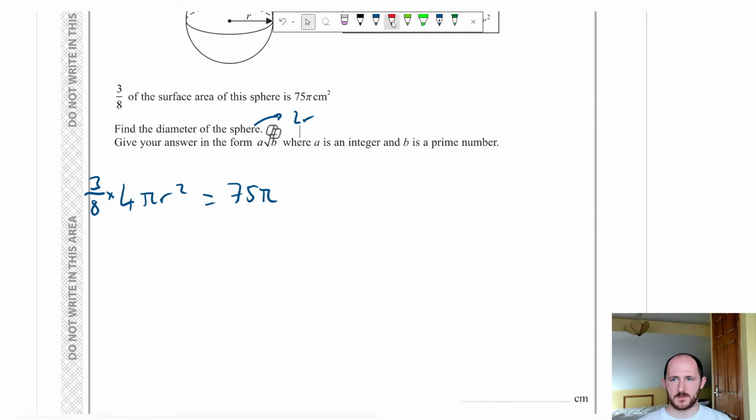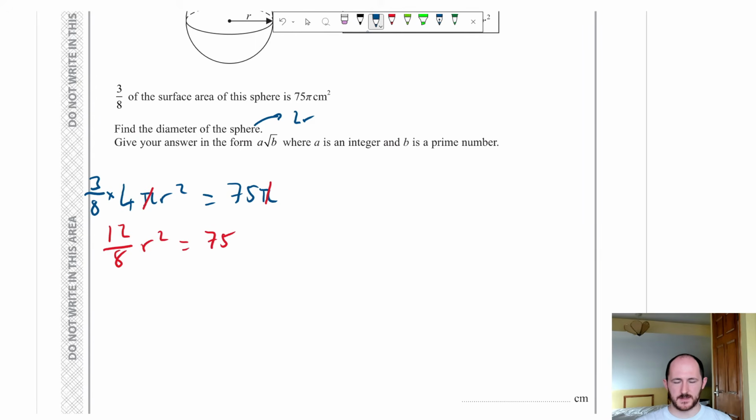So again, what I'm going to do is divide both sides by pi, because then we don't have any pi's, which is nice. 3/8 of 4. Well, if I times the top by 4, that's 12 over 8, which is 3 over 2. Actually, let's do it in 2 steps, because that would be nicer. 3/8 of 4 r squared equals 75.